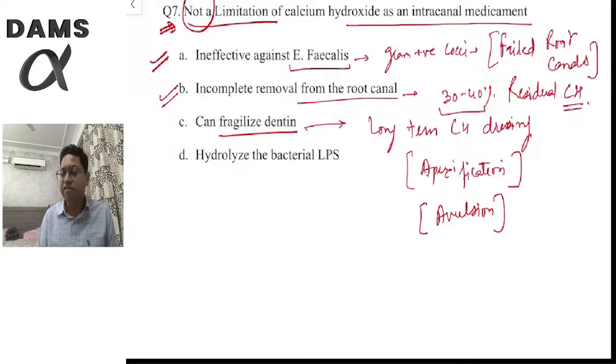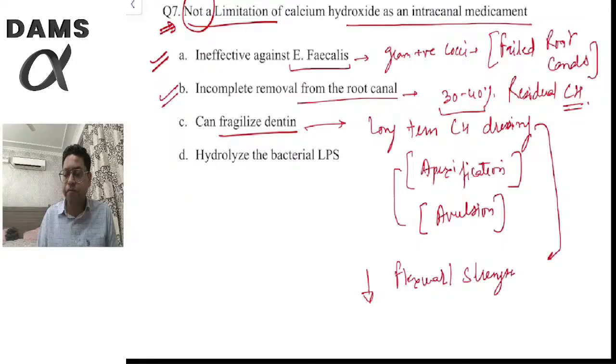So in such clinical situations, what happens? This long-term calcium hydroxide dressing reduces the flexural strength of dentine. It would make the root of such teeth susceptible to fracture under masticatory load. So definitely they fragilize the dentine and make the tooth susceptible to fracture. So this is a limitation also.